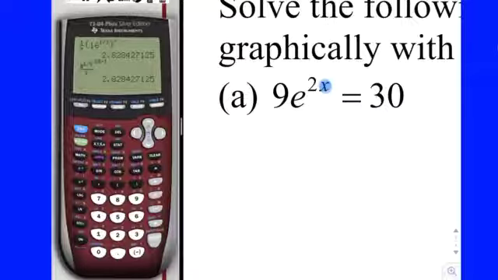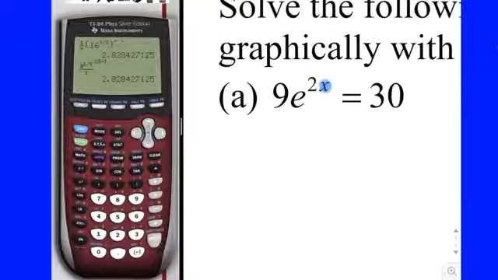In an exponent. That's what makes it exponential. Okay. The base is e. That's an irrational number. Do you think you're going to be able to write 30 or 9, or 30 divided by 9, which is not really even a pretty number, as a power of e? No, I don't think I'm going to be able to get the bases the same. When you have numbers in e, there's no way to do it. So we're going to need to bust out the logs, right?